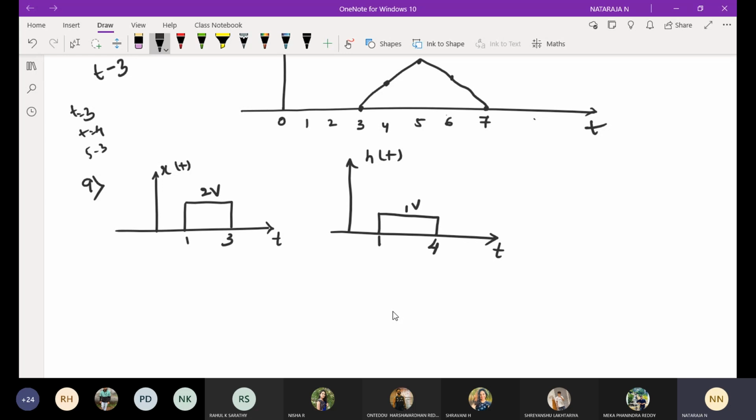Here also you will get 5 different cases. Why? Because the length of h of t will be 1 to 4.